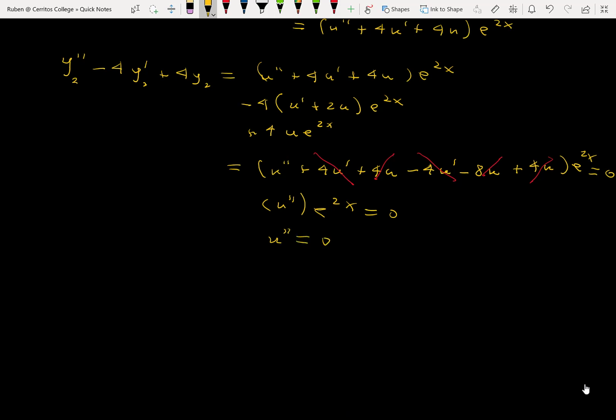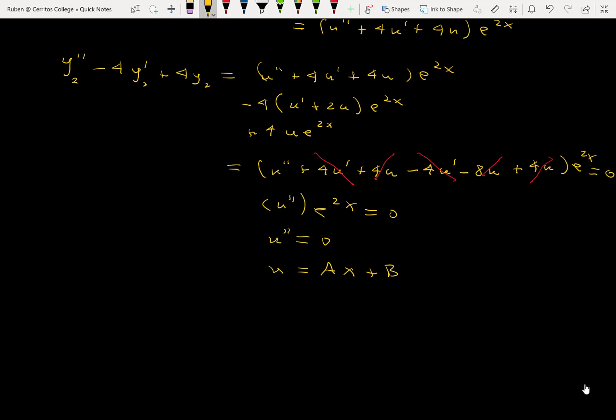And this second order differential equation is easiest to solve if we integrate twice. We get u should equal ax plus b. If we integrate once, we get a constant a. If we integrate again, we get ax plus a new constant b.